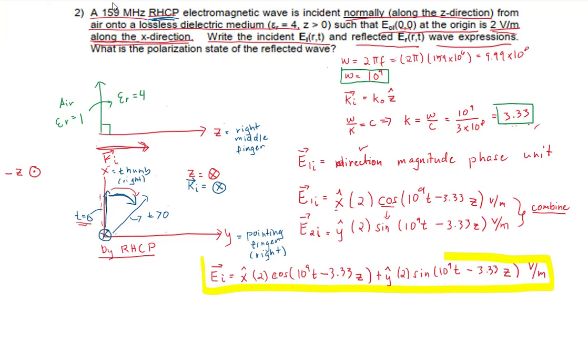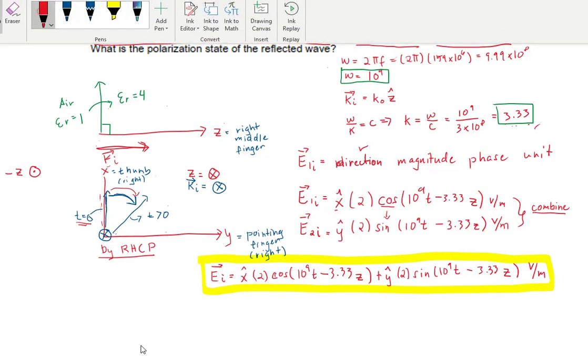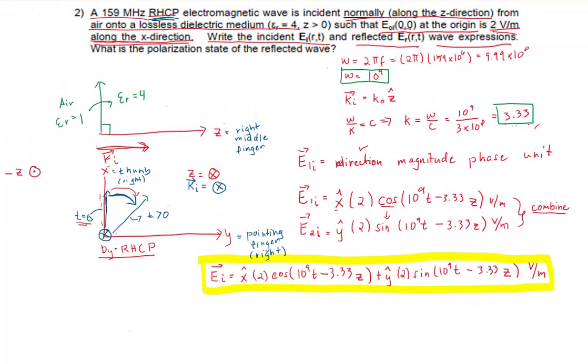Finished writing the wave expression for E sub I. We are now moving on to writing the wave expression for E sub r. Now, how do we do that? Remember, we are given epsilon r 1, epsilon r equals 4.